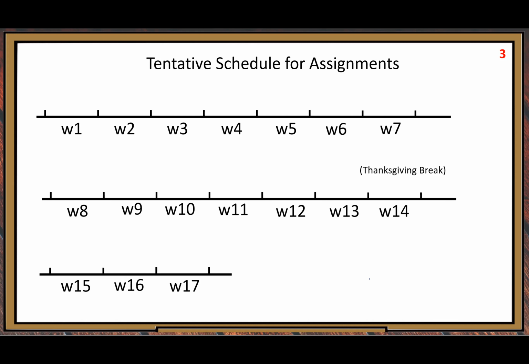Here you see 17 weeks, because we have 1 week for the Thanksgiving break and 1 week for the final. Other than those 2 weeks, we have a regular semester of 15 weeks.